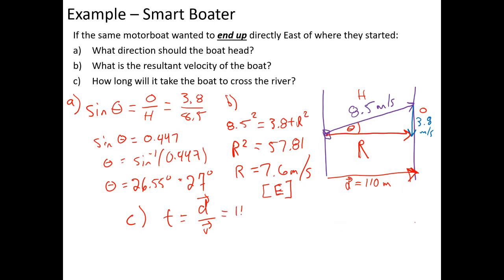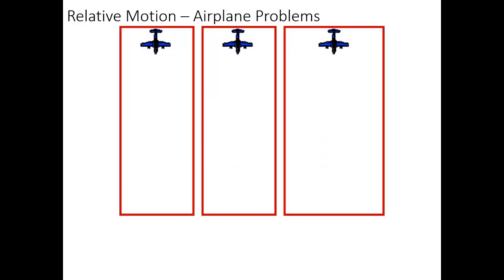If we're using 110 meters in this equation, we have to use the velocity vector pointing in the same direction, which is the one we just solved for, 7.6 meters per second. So our time to get across this river would be 14.5 seconds.